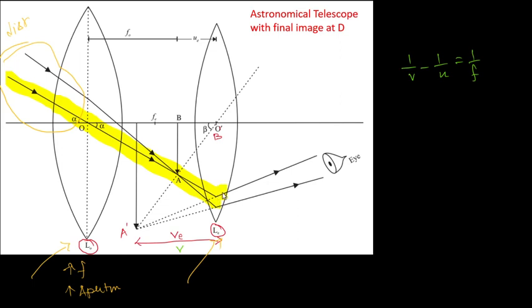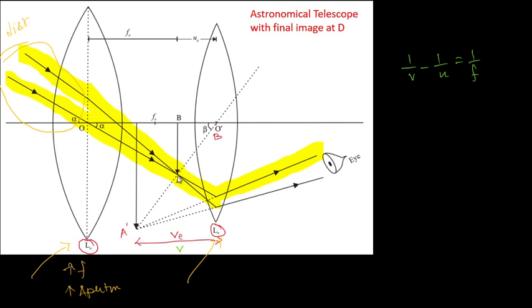Then it gets refracted and reaches the eye like this. Let us consider the other ray, which is a parallel incident one. It goes undeviated up to this mark. Then after that it gets refracted and coincides at the focal point here.